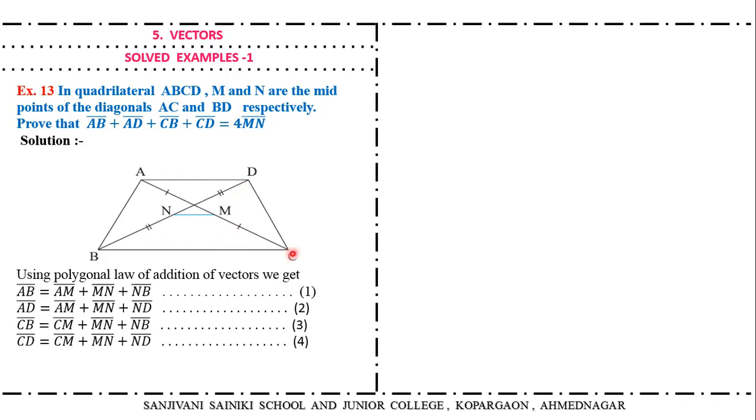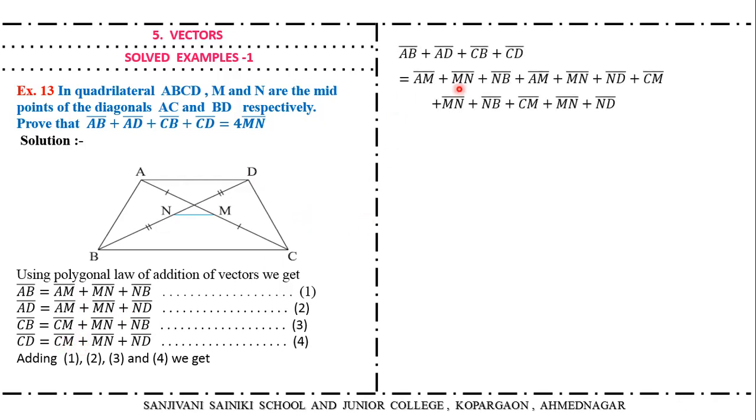Similarly, CB bar is equal to CM bar plus MN bar plus NB bar. Finally, CD bar is equal to CM bar plus MN bar plus ND bar. Now we will add these four equations together. Then we will get this equation, and in this AM bar and AM bar is 2 AM bar.